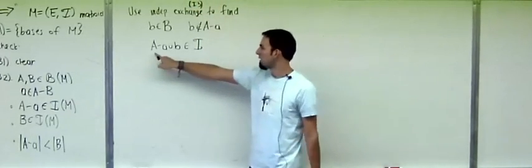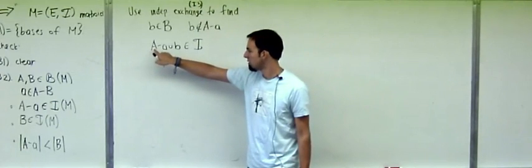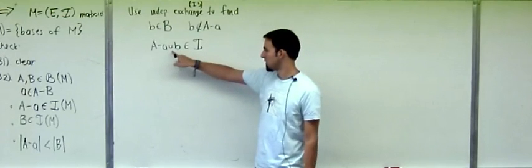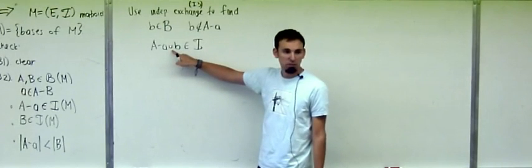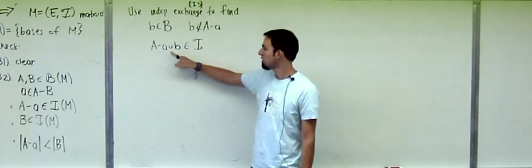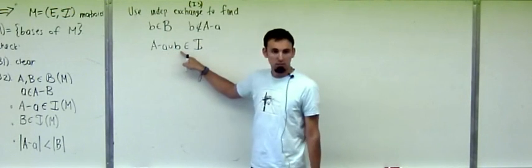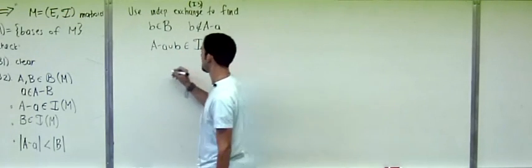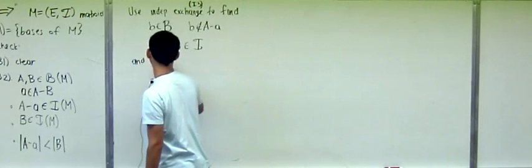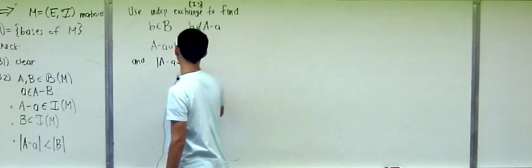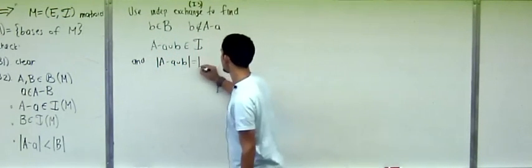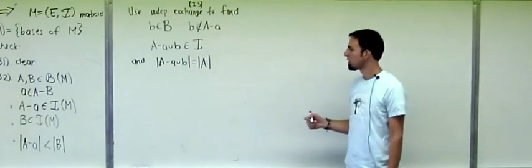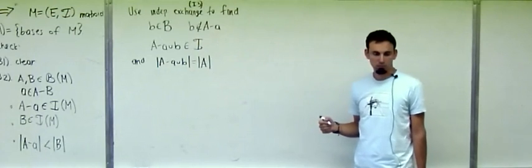So what did I just do? I found an independent set, A minus a union b. But this set has the size of a basis. All bases have the same size. If this guy has that size, then it has to be a basis. The size of A minus a union b is equal to the size of A, which is the size of all the bases of this matroid. And that's just the definition of basis, the maximal size.